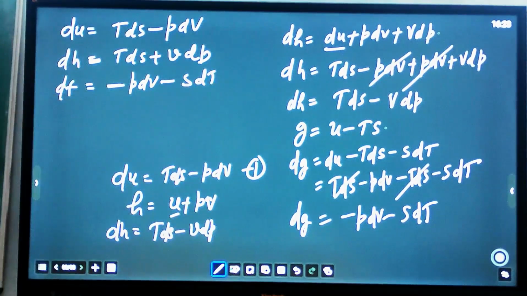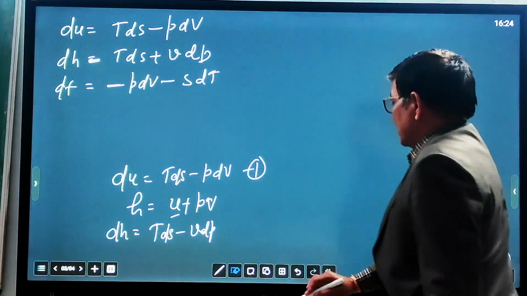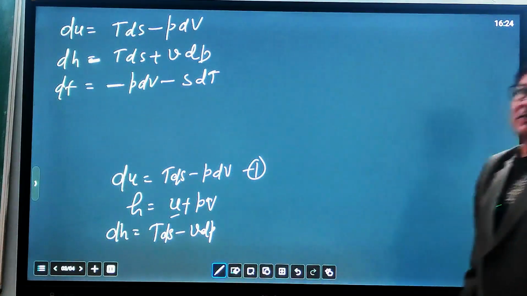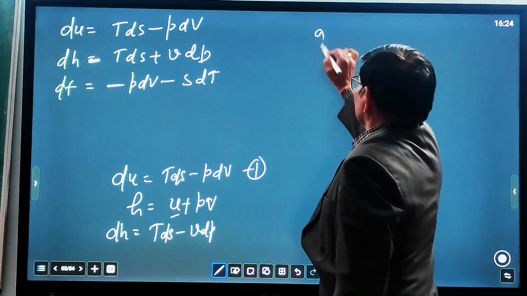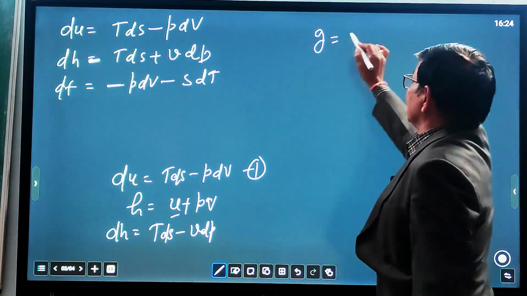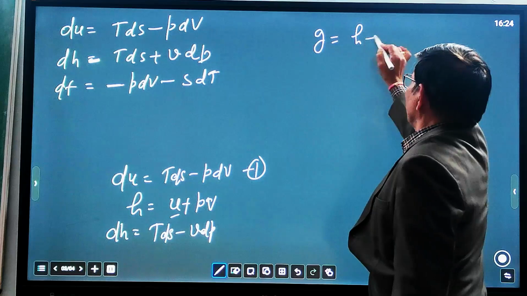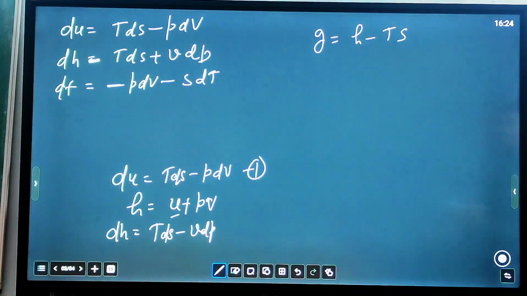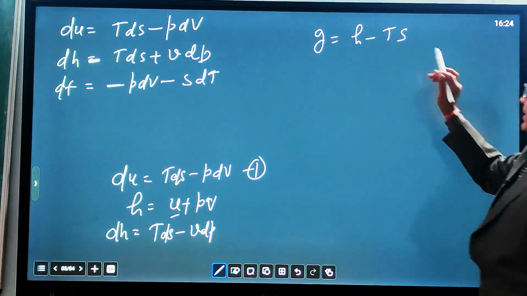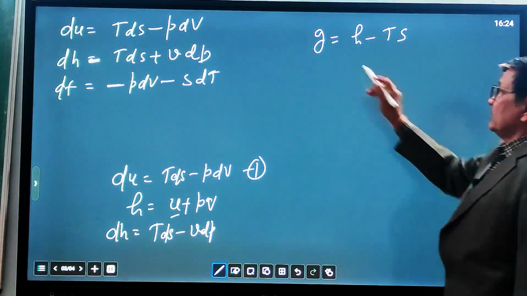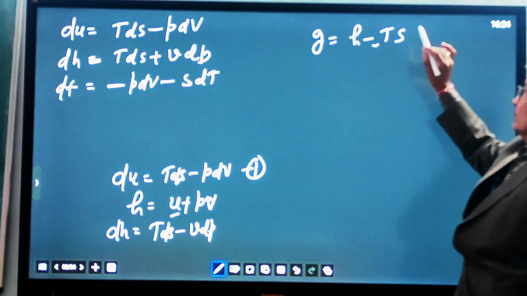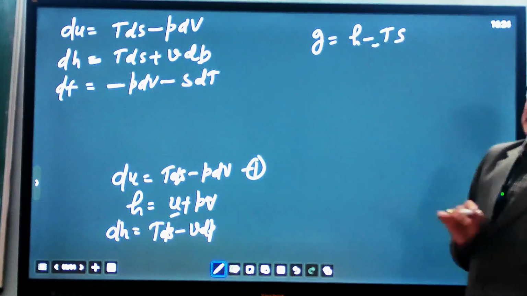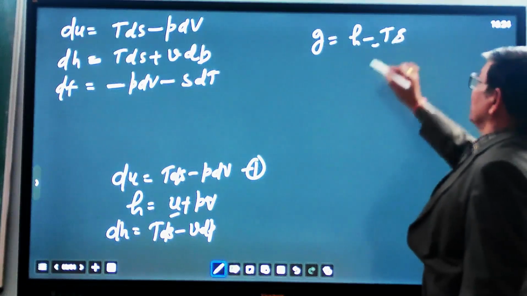And fourth, I will define the Gibbs energy function. Fourth is G, defined as H minus TS, enthalpy per unit mass minus the product of temperature and entropy.